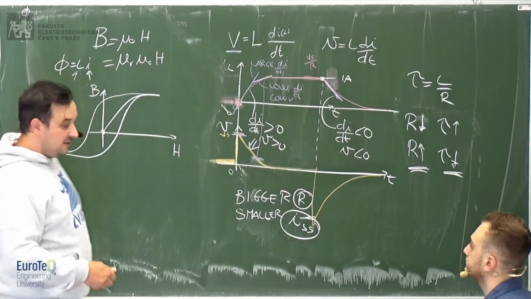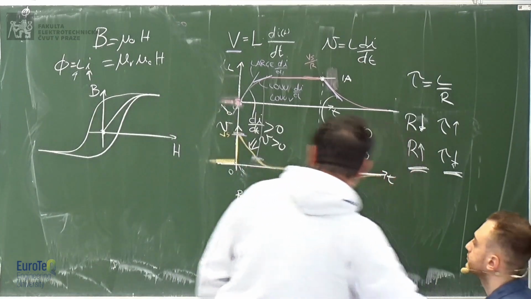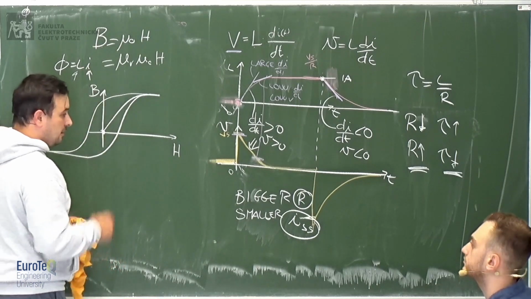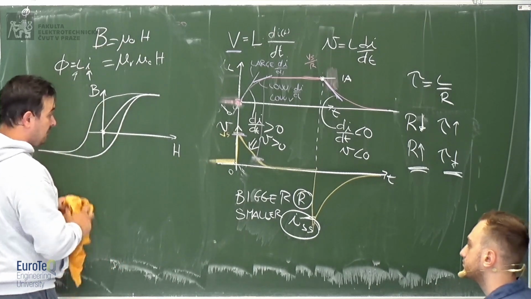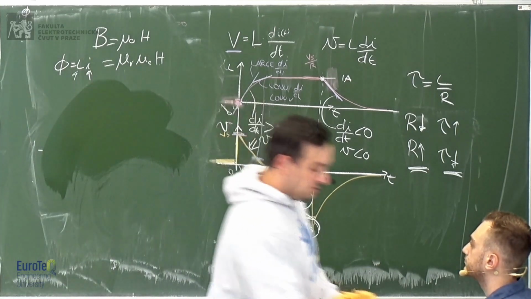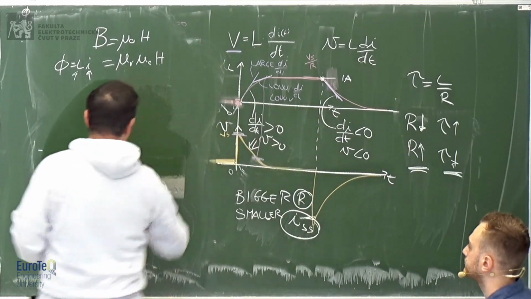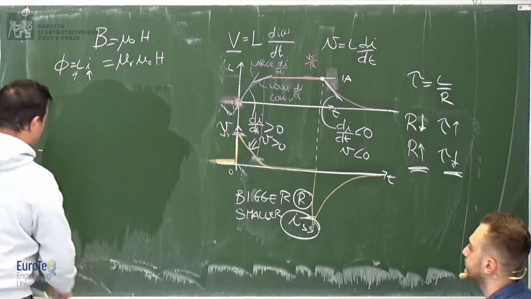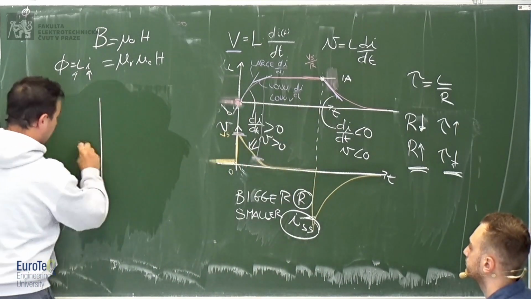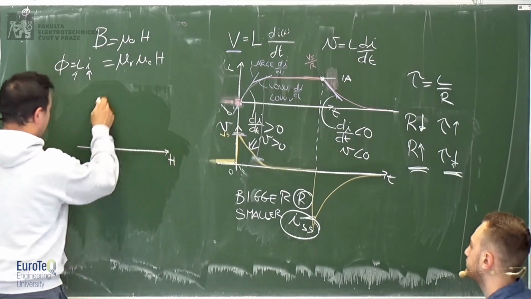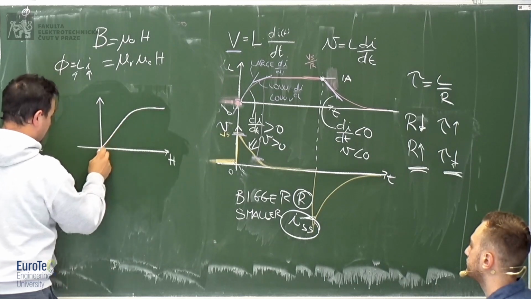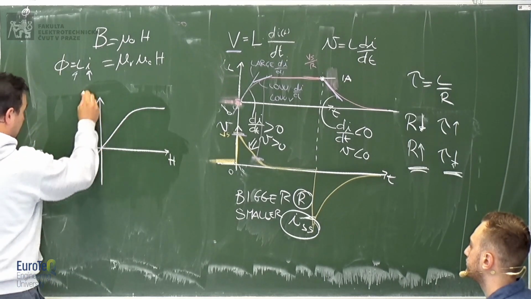Now, if you have a material which is ideally, not necessarily linear, but hysteresis-less, you could have saturation but without hysteresis, which means that your curve would behave like this: get to saturation, then return back.